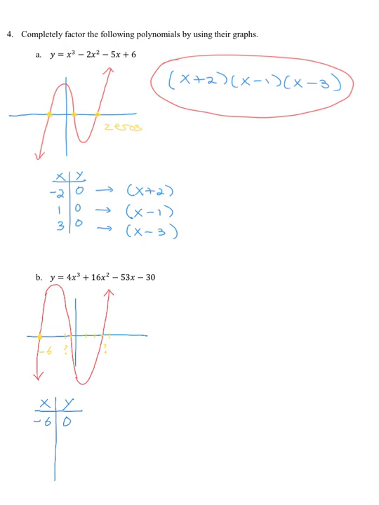Now, what I showed you in class is if you take this number 30 and you write down its factors of 1, 2, 3, 5, 6, 10, and 30, as well as the factors of the 4, which are 1, 2, and 4, the only things that you should try guessing as fractions are these as numerators and then these as denominators.